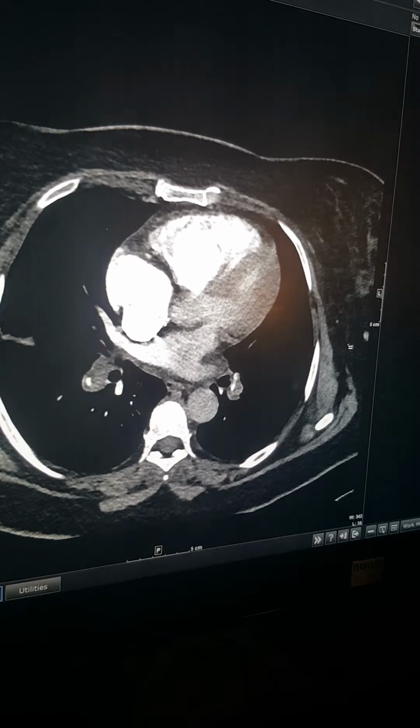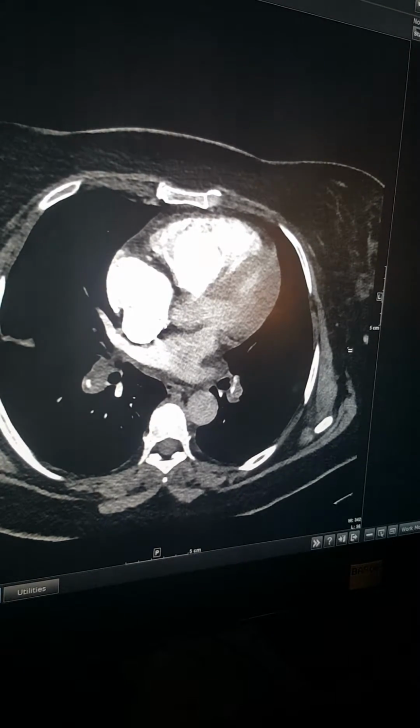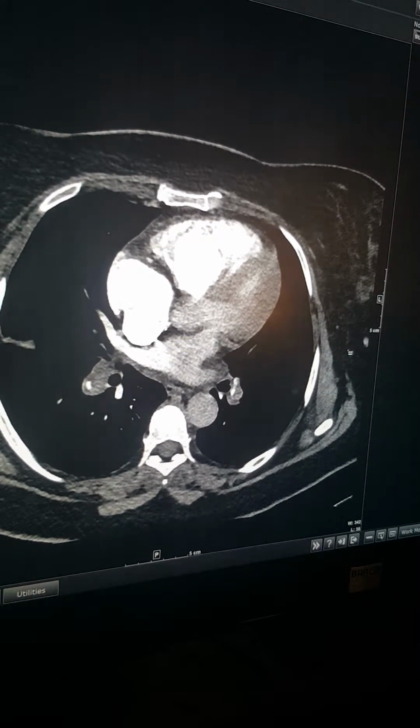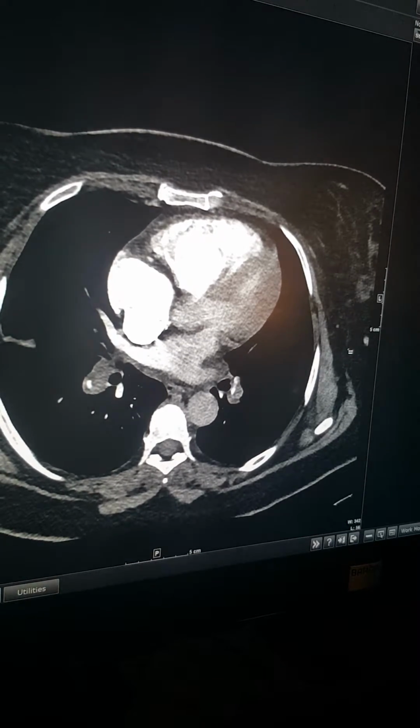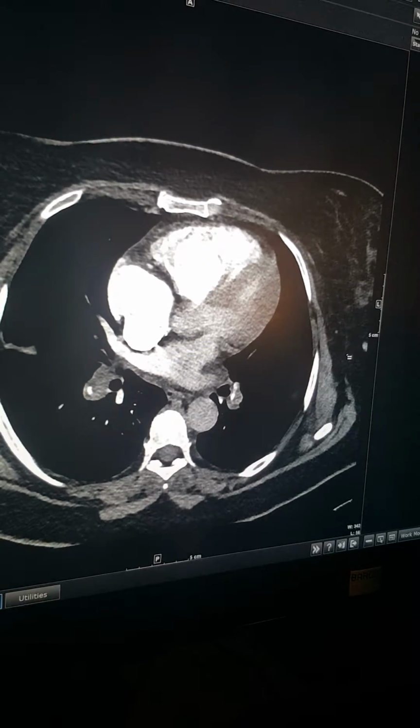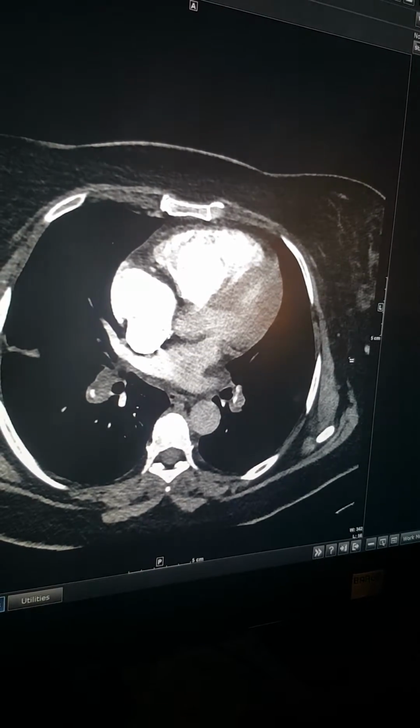But the absolute contraindication is the high risk or absolute allergy to contrast. Allergic contrast. Anyway, so what's the best imaging modality for a pregnant patient?